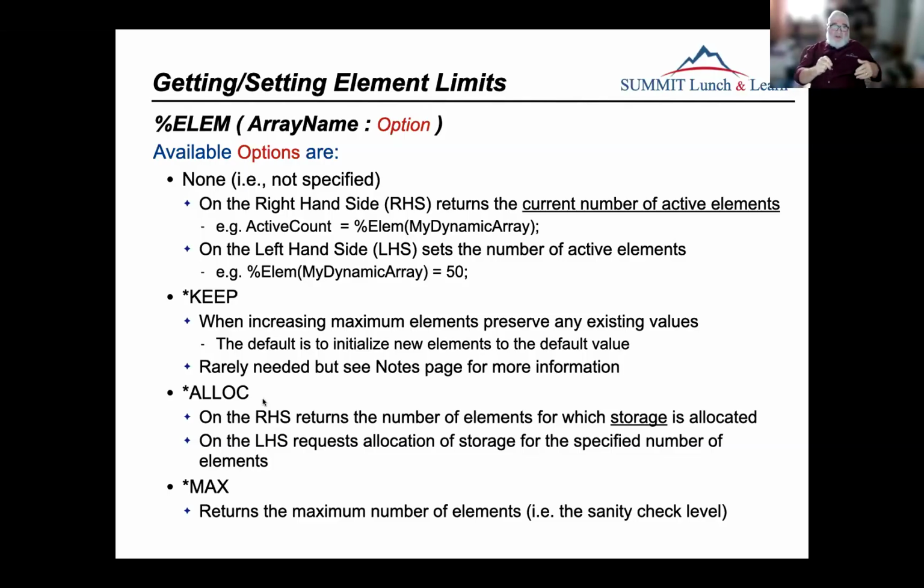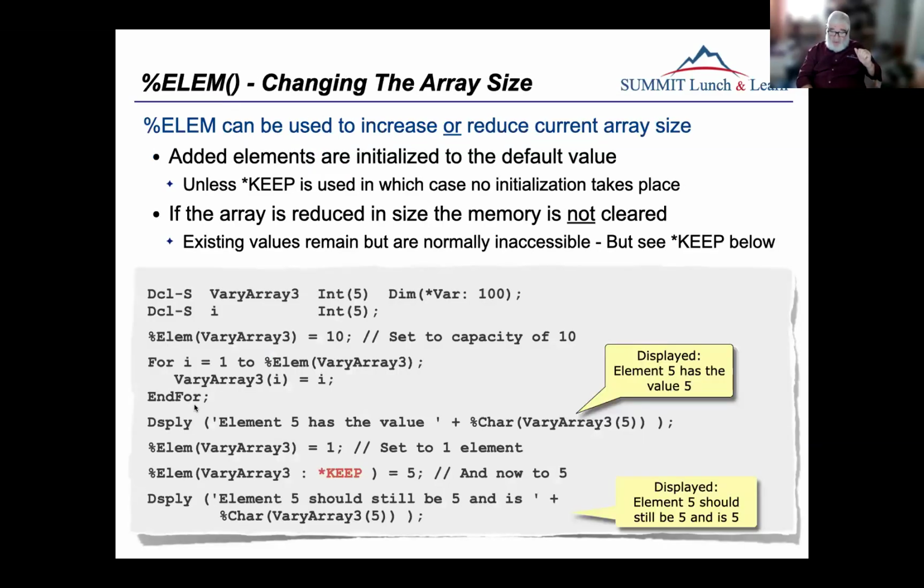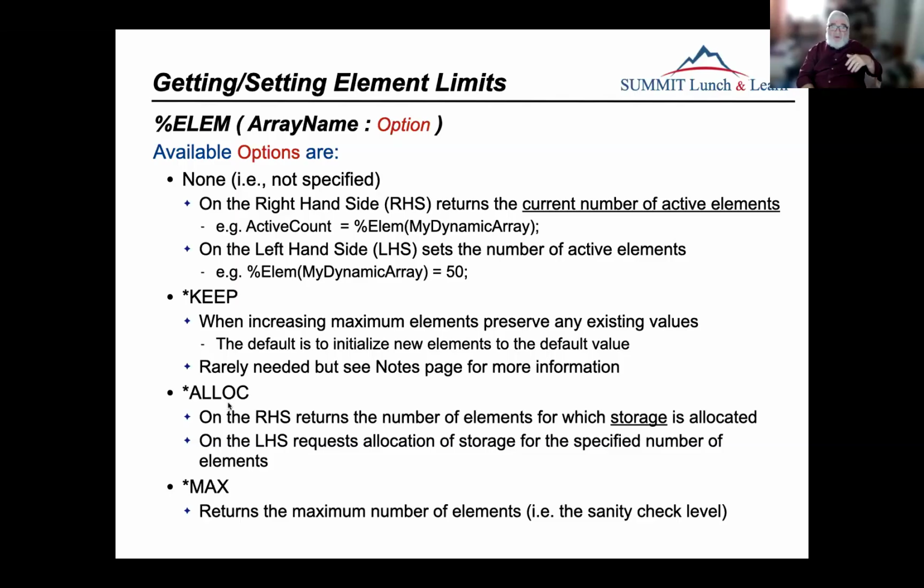And then subsequently, when you add new elements to the array, RPG will not have to move it in memory until such time that you exceed the number that you allocated for. But the important thing to note is this has nothing to do with the number of active elements. It's just to do with the storage and to minimize the number of times RPG might need to copy the data. Max, as you might expect, returns that sanity check level.